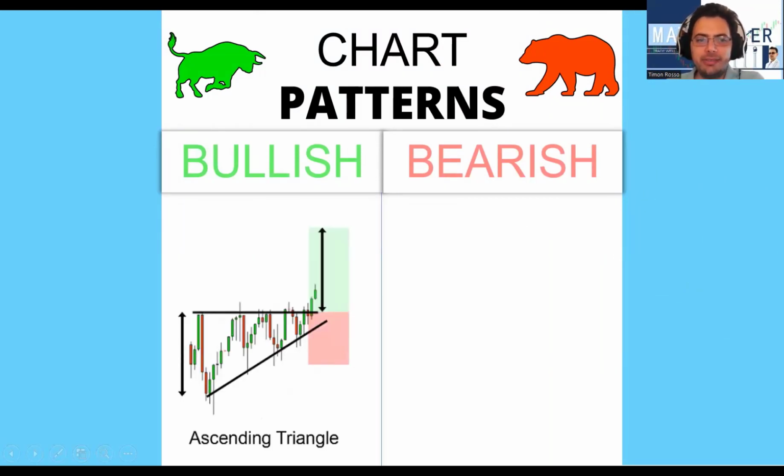So the first one is the ascending triangle. So I am going to probably go through this in alphabetical order so that we can go through all the chart patterns. The ascending triangle is where the price of the market makes higher lows and the same highs, which then converges to an apex, and then we wait for a breakout. And then you determine where the stop loss and take profit is.